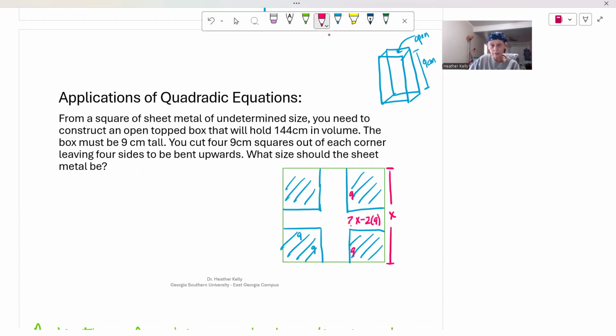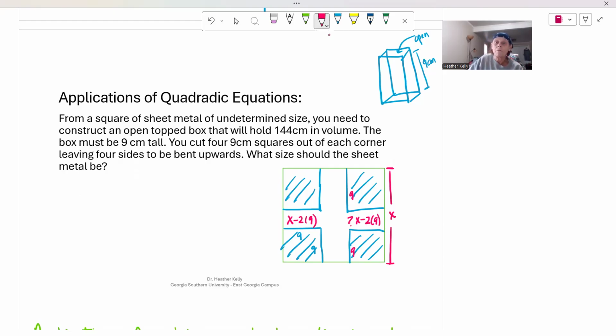So that means the bottom here, these are going to be 9 inches tall, and this is going to be X minus 2 times 9.